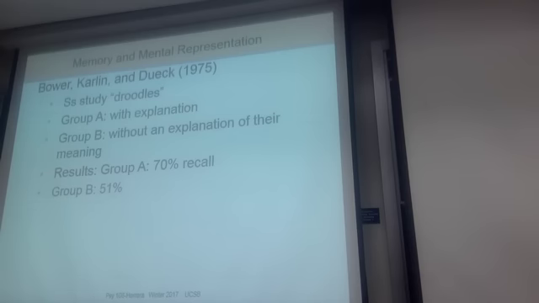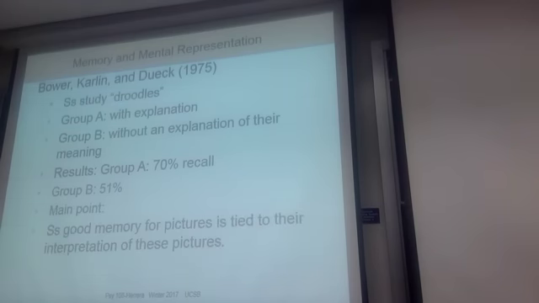And so showing that 70% recall of these otherwise meaningless images just by adding an explanation of what the image is. So yeah, the main point is that subjects' good memory for pictures is tied to their interpretation of these pictures. It's not tied to having some meaning attached to it.